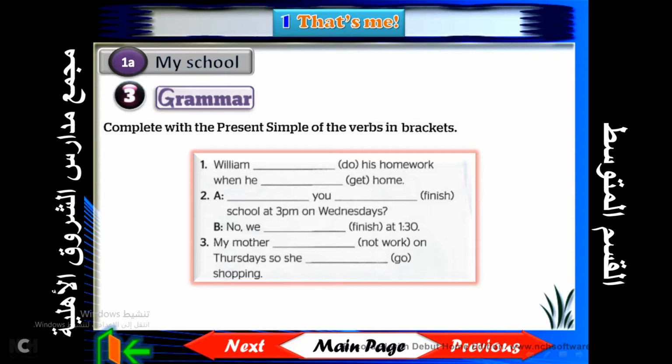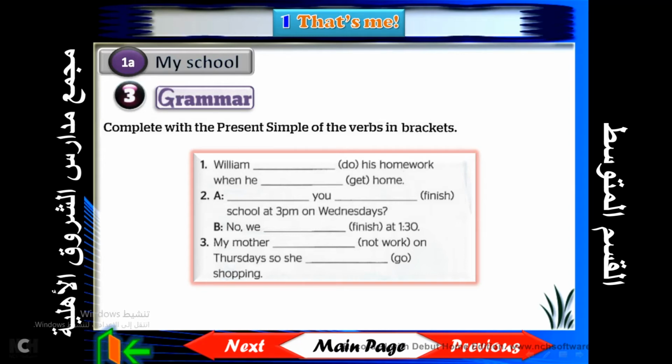Question number 1. William does his homework. As we see, William is singular now. We should add s, es or ies because the verb ends with o.